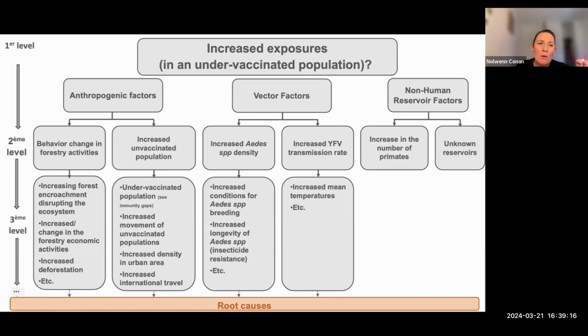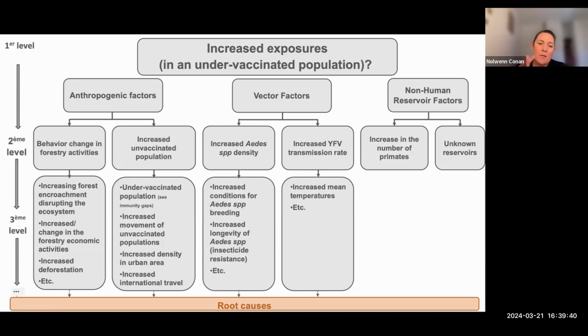In terms of second level, under the anthropogenic factors, there is what is the behavior change in the forestry activities, so all the economic activities or deforestation that happen due to agriculture, etc. And then the second level is the increase in unvaccinated population.